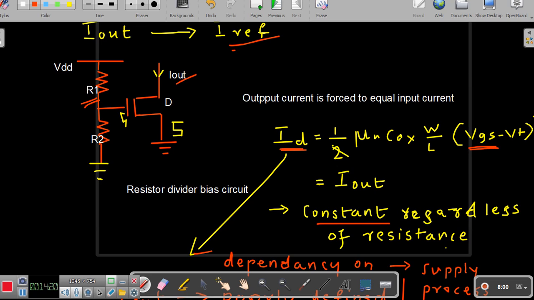Basically, it is based on the process of copying the current. The main idea here is to copy the current from some standard reference, right? So this process is referred to as the current mirroring, or such circuits are referred to as current mirror circuit.